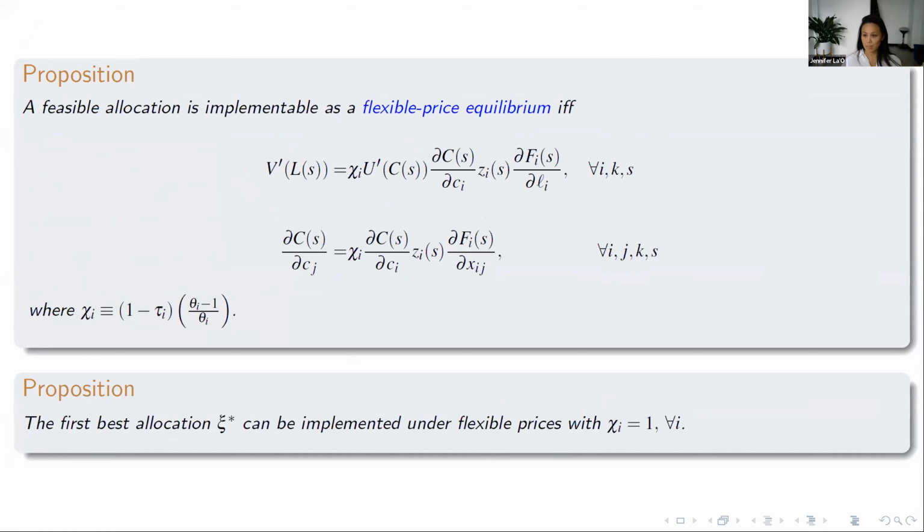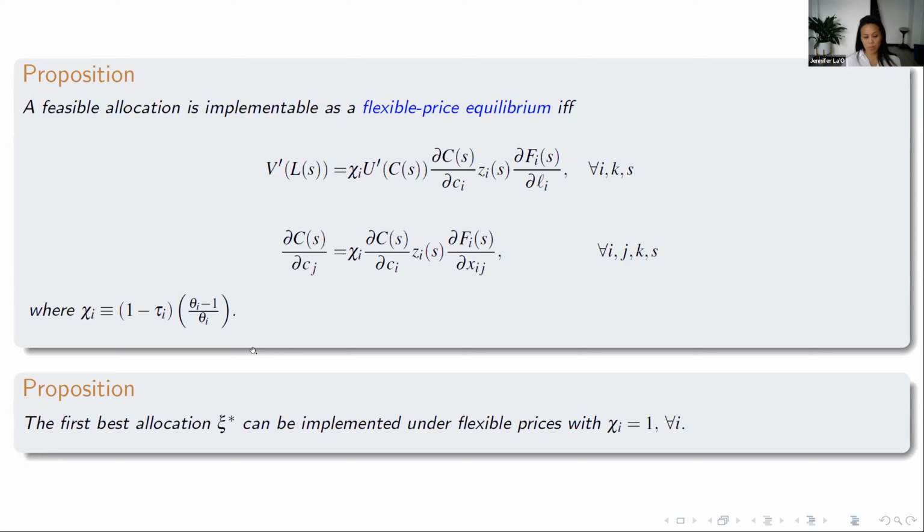They look exactly the same as the planner's conditions. So marginal rates of substitution must equal marginal rates of transformation subject to a wedge. And where is this wedge coming from? This is a non-state contingent wedge that depends solely on the monopolistic markup coming from these firms, as well as the tax or subsidy on revenues.